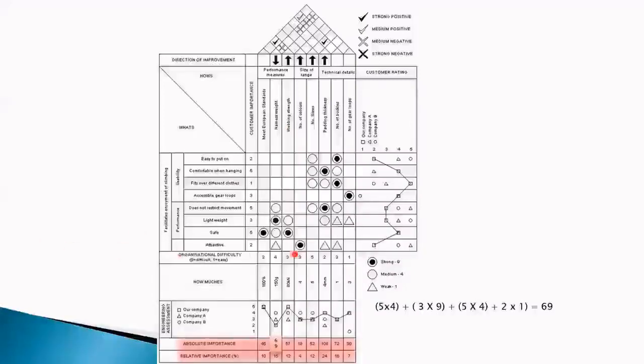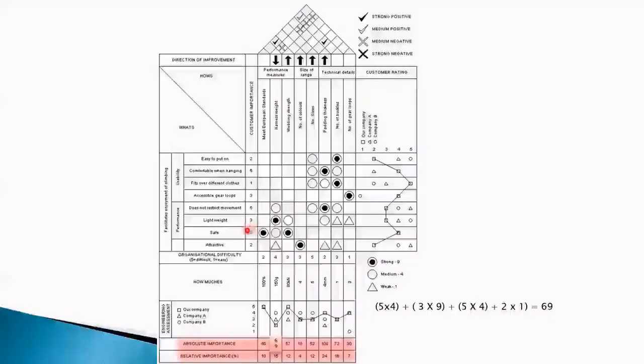For that, we are going to do some calculations. Here you can remember that you can use number 9, number 4, number 9, number 4, 1, right? Here you can see the customer's importance. When we concern the first attribute, this is the level of relationship between customer voice and the attribute.